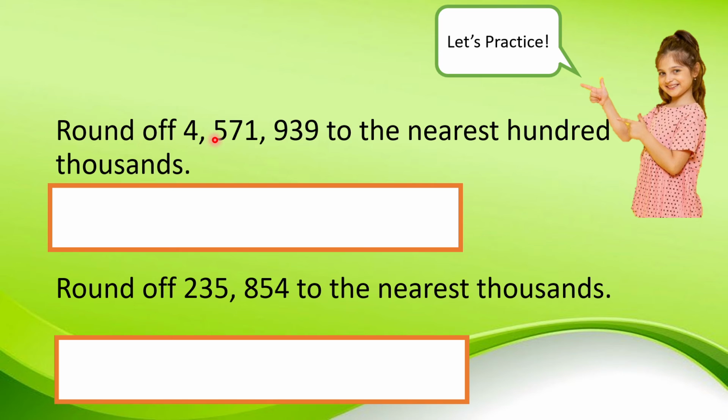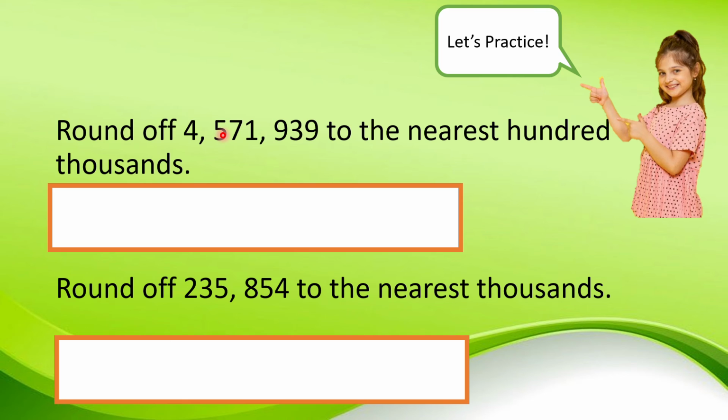Next one here is round off the number 4,571,939 to the nearest 100,000. So what is the number in the 100,000 place? Ones, tens, 100, 1,000, 10,000, 100,000.